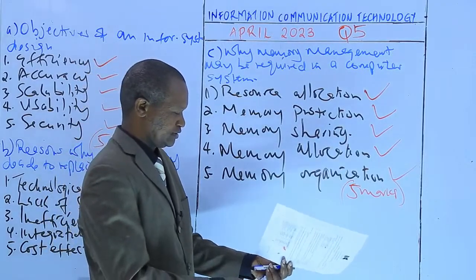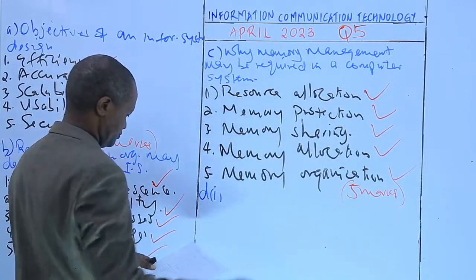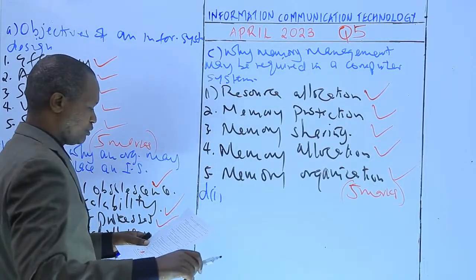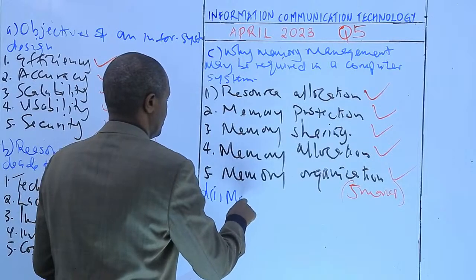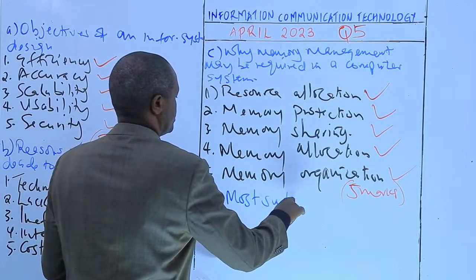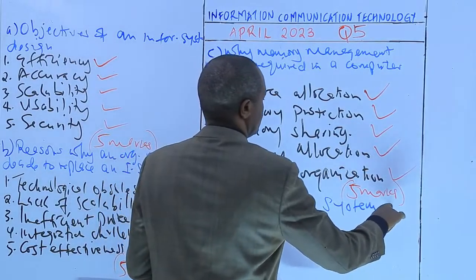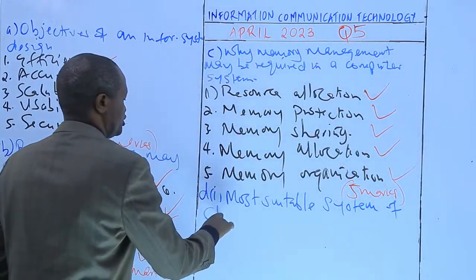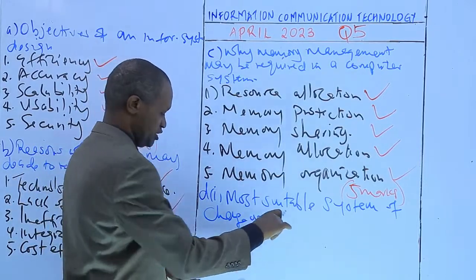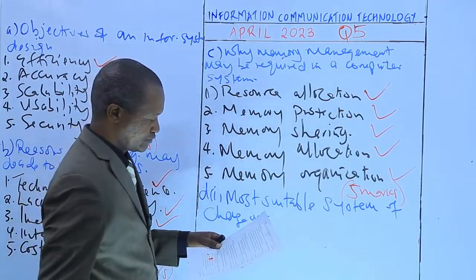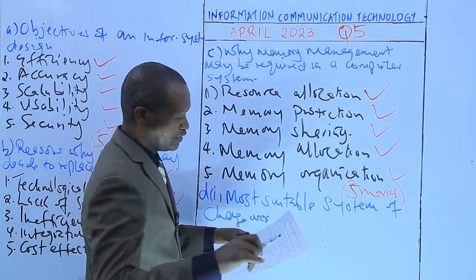So D Roman 1. Most suitable method of system changeover. Now the change is from, we read that it is in the process of developing a new information system.